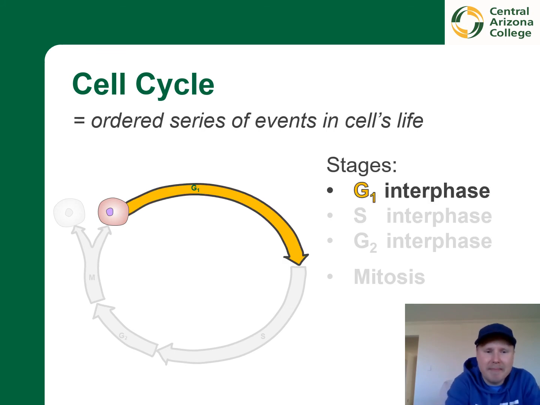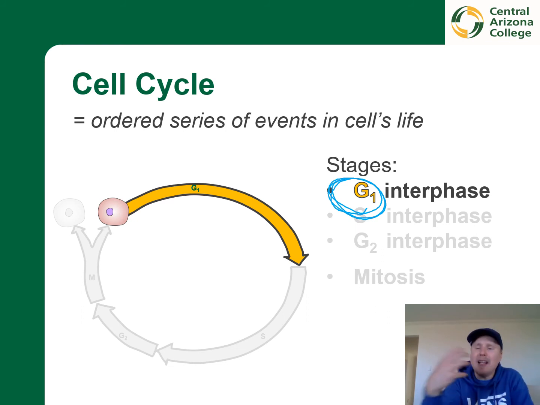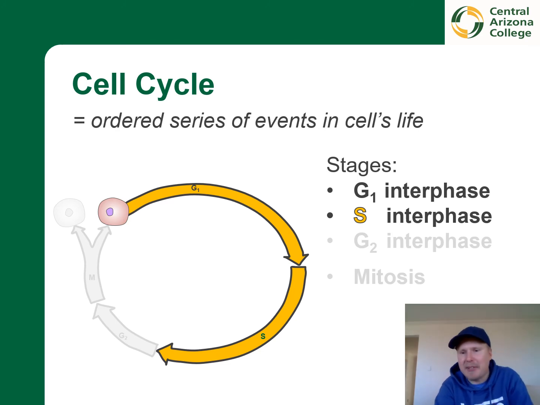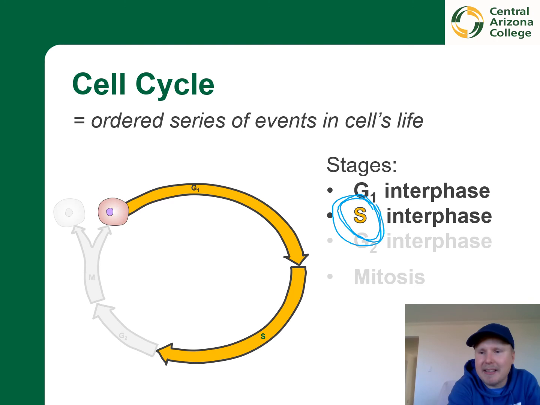So during the G1 stage, known as G1 interphase, the cell grows in size. Its cell organelles increase in number. Once this has successfully taken place, we move on to S interphase. During this stage, the DNA within the cell is replicated so that now two sets of the DNA exist within the cell.